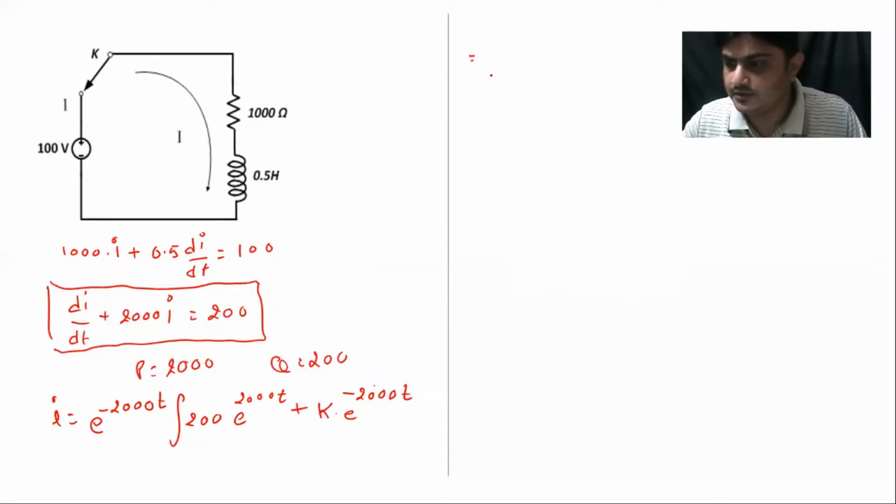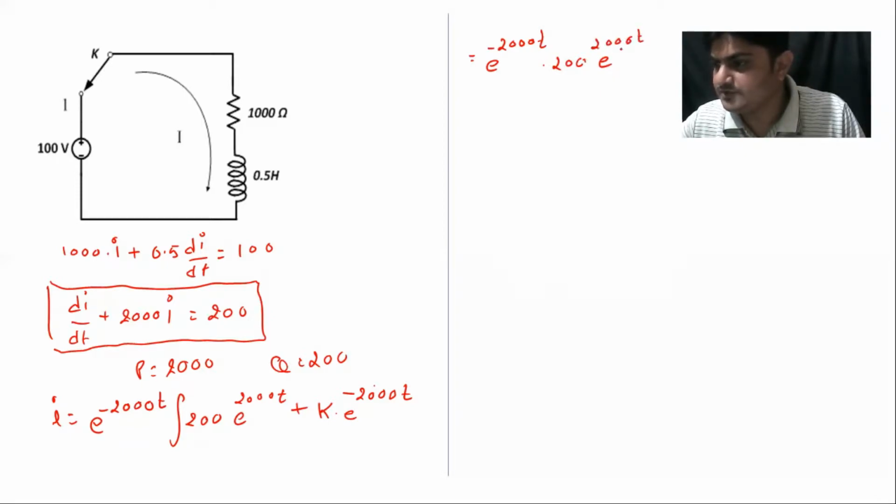So this is equal to e raised to minus 2000t times the integral of e raised to 2000t. 200 is constant, so let us take it out of the integration. Now take the integration of e raised to 2000t. This is the integration of e raised to x, so we integrate the power. You will get divide by 2000, times 200, plus k into e raised to minus 2000t.